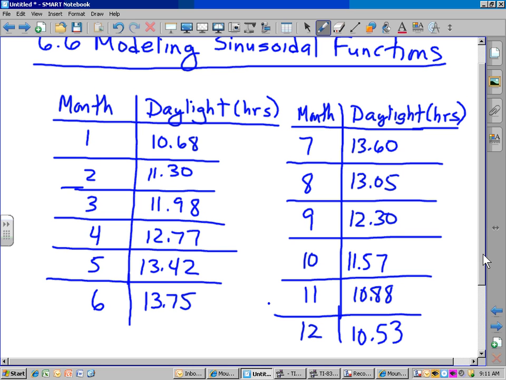So month 1 would be January. Middle of January, we picked a day, figured out the number of daylight hours. February would be 11.3 hours. March, 11.98 hours, and so forth, as you see here, all the way through December.